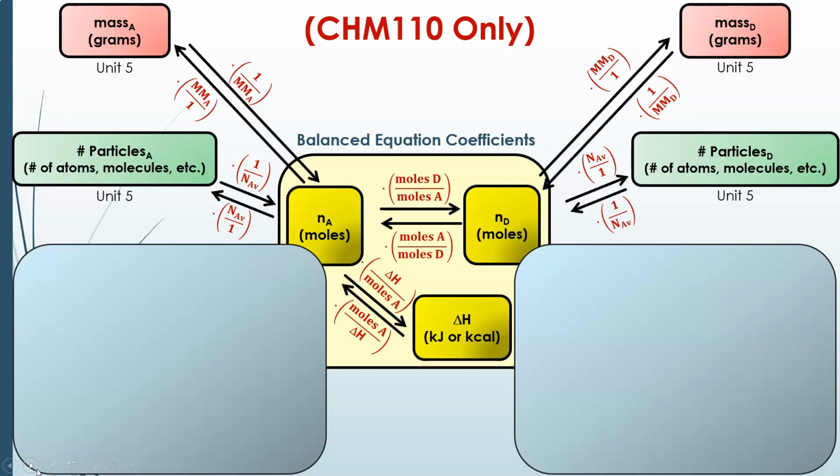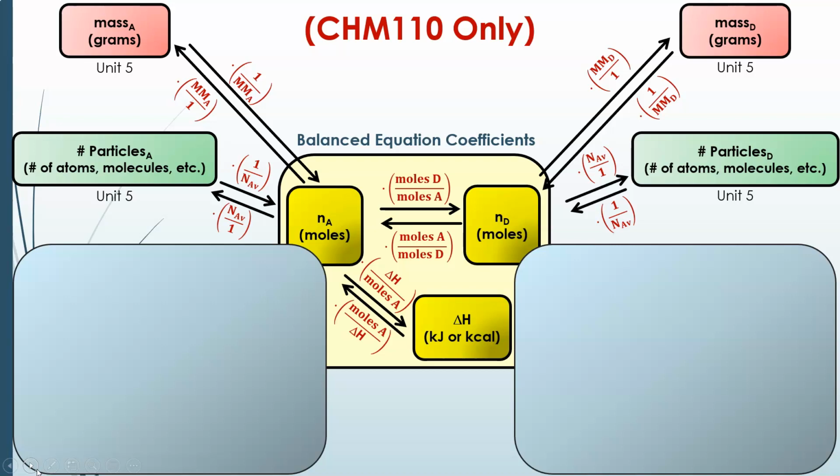So for this unit, you need to be able to go from grams up in the upper left-hand corner of one substance, or particles of that substance using Avogadro's number instead of molar mass, to get moles of the substance. And once you have the moles of one substance, you can use the balanced equation to get the moles of any other substance.